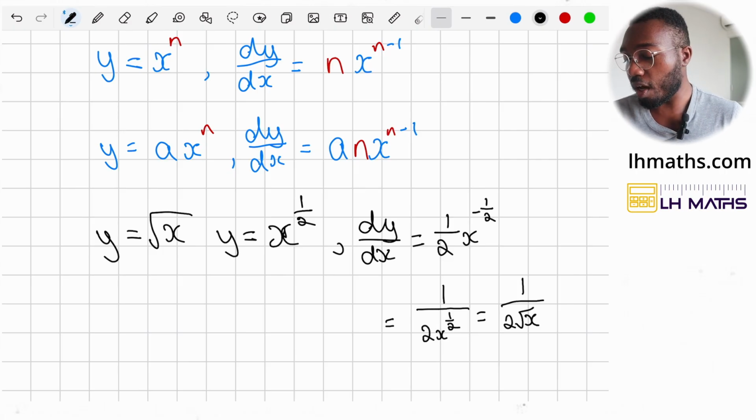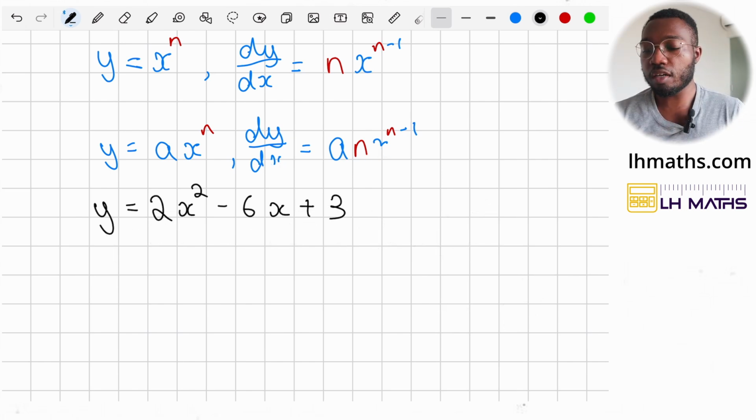It's up to you. I would personally just leave it as a half x to the power of negative a half, but it depends on the question you have. Okay, so now with this question, we need to differentiate it. In the previous questions, we just had one variable.